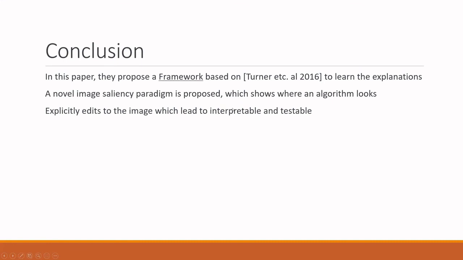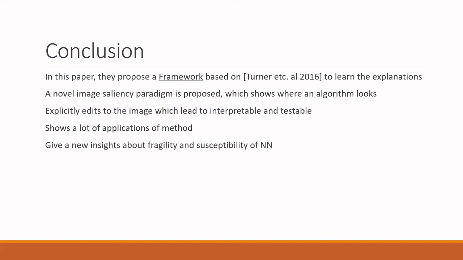Unlike many saliency techniques, the proposed method is explicitly added to the image, making it interpretable and testable. The author also shows numerous applications of this method and gives new insight into the fragility of neural networks and their susceptibility to artifacts.